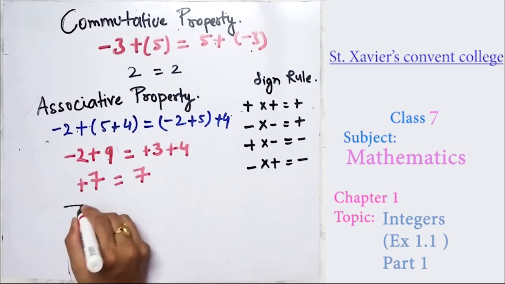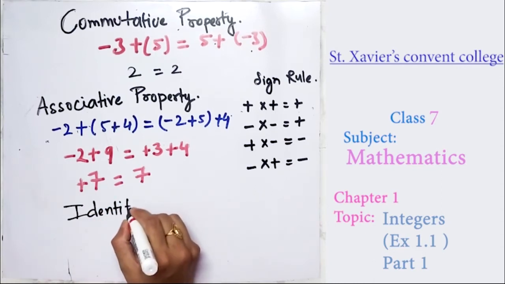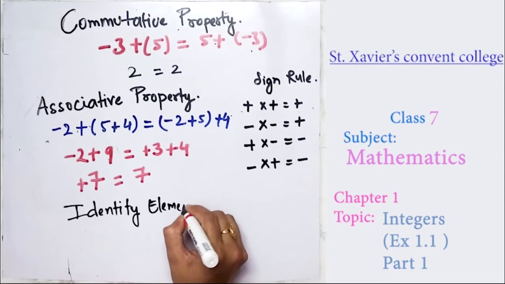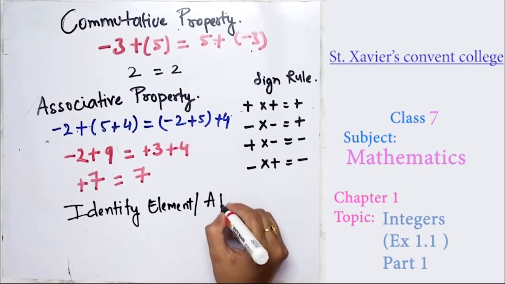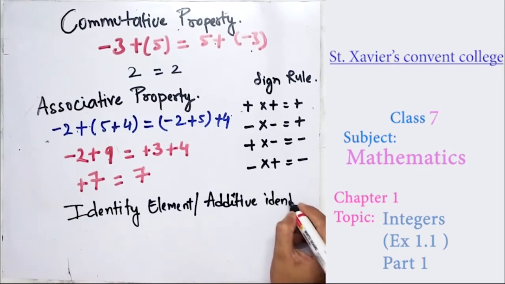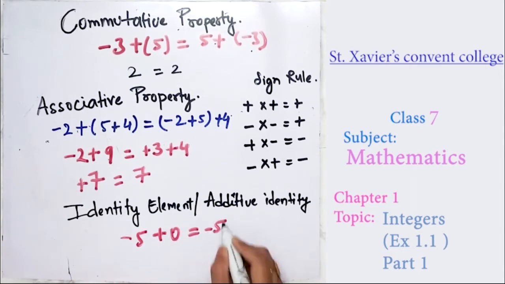The next property is the identity element, or additive identity. Identity means to maintain your purity, your personal identity. So whenever you add 0 to any element, it maintains the identity of that element. For example, we have taken minus 5. If I add a 0 over here, again I will get minus 5.